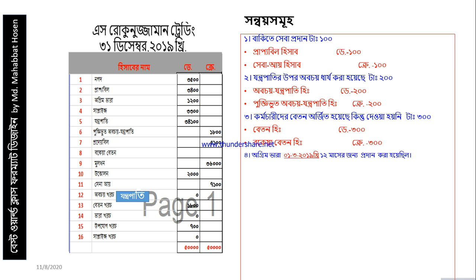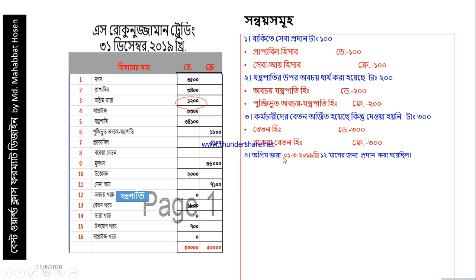Number 4. Advance rent, not 01, it will be 31st. Okay, 31st March, that means 31st March 2019 for 12 months. That means advance rent paid on 31st March.